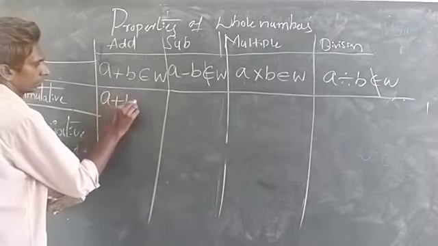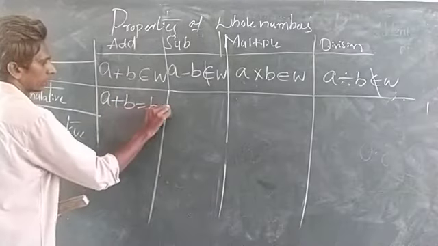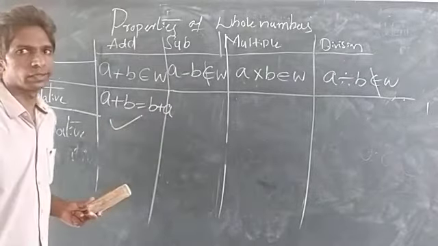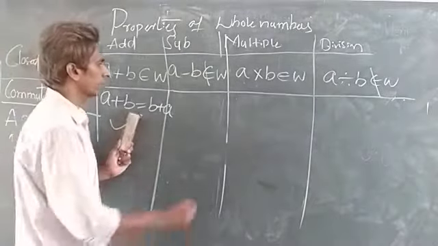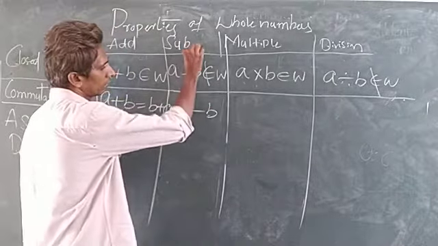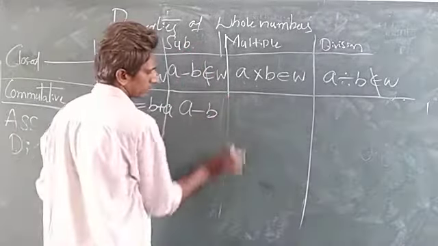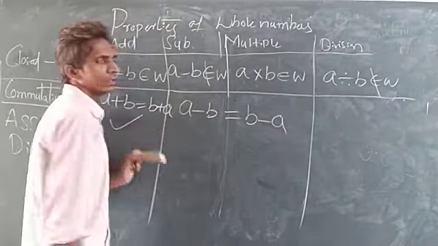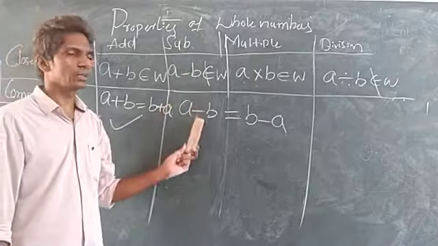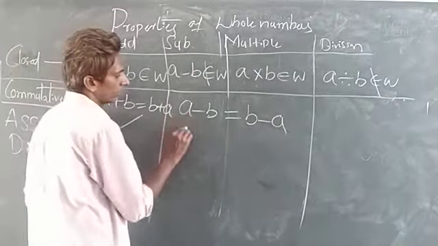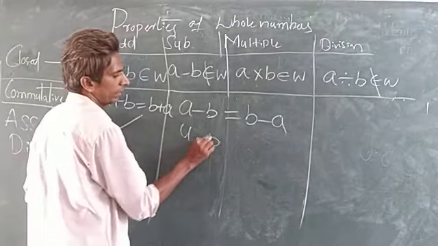A plus B is equal to B plus A. It satisfies the condition. Next, second one: subtraction, A minus B is equal to B minus A. This is the commutative law in subtraction. Let us take one example. A is equal to 4, B is equal to 5.